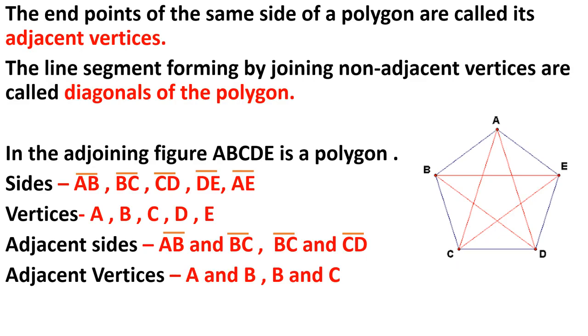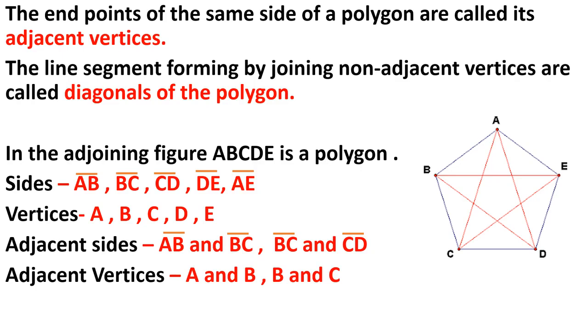Now all these things will be more clear to you with the help of an example. See, in the adjoining figure ABCDE, it is a polygon of 5 sides. Now see its sides. Sides are the line segments which are used to form a polygon.